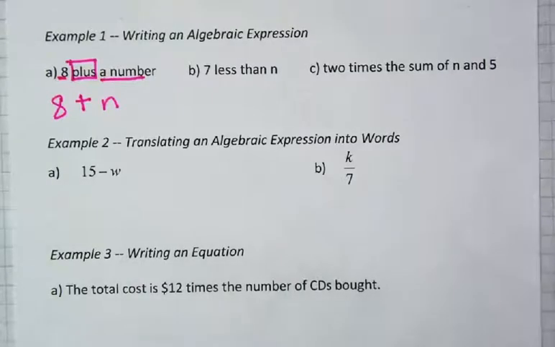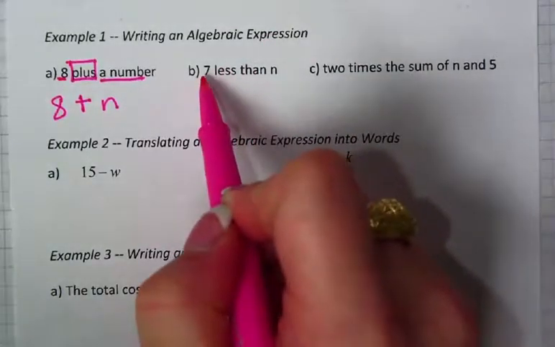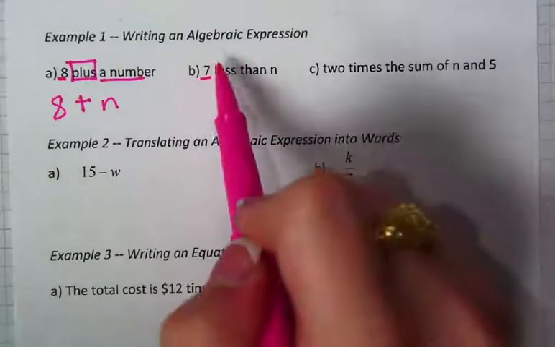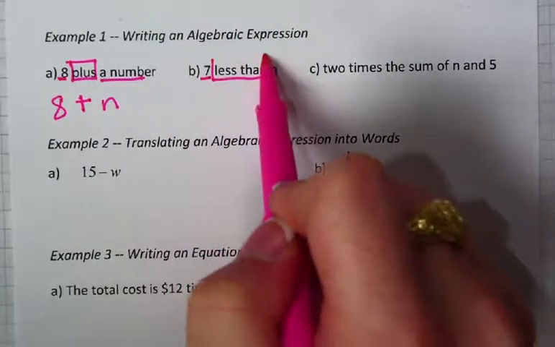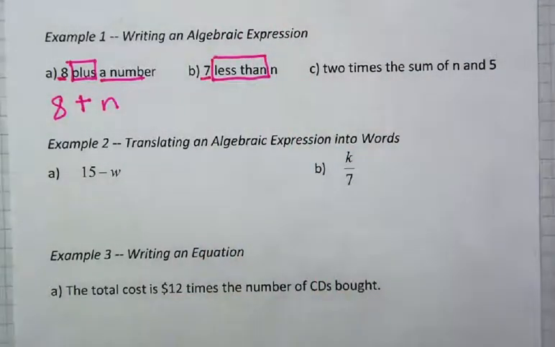If I go to letter B, I'm going to do the same thing. I've got 7, that's just the number 7, less than, that's going to be an operation, and n. So I've got a 7 and an n, and I'm looking at less than. I go back to my words into math, and I find less than. You will see that less than falls under the turnaround words.